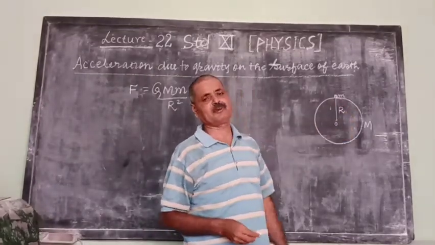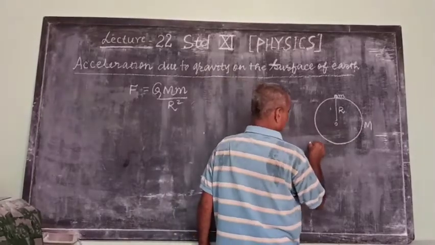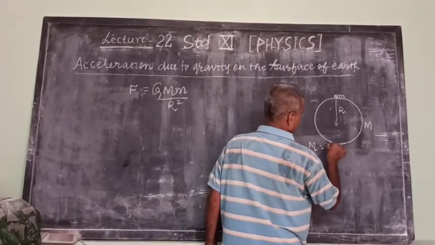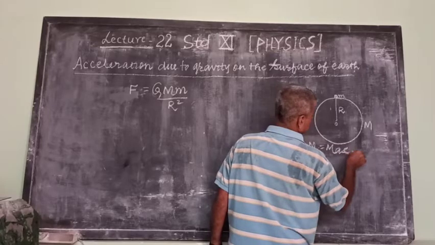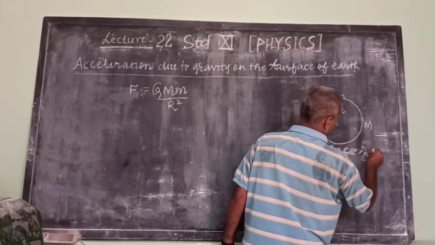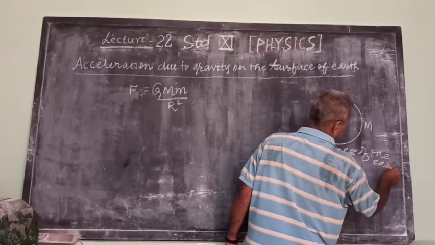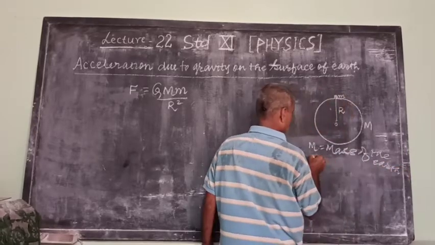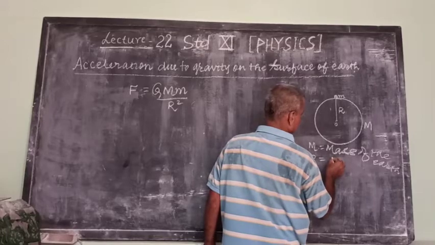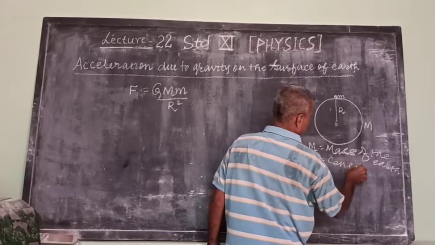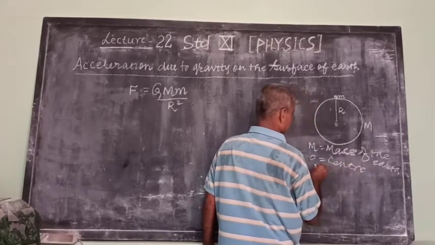Consider small m as the mass of the body. Capital M is the mass of the Earth. O is the center of the Earth.